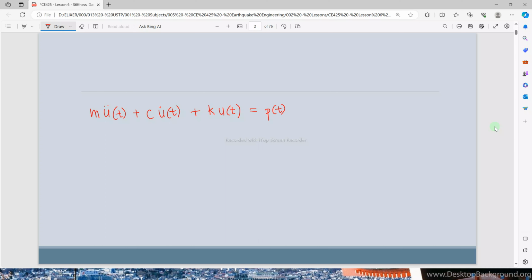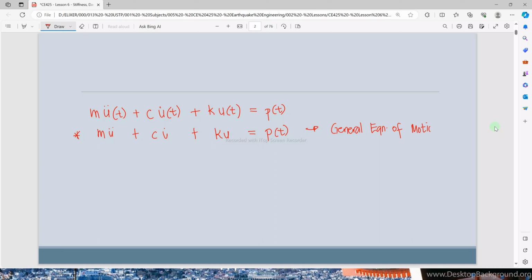Or we can simply write this as m u double dot plus c u dot plus k u is equal to P of t. So this is our general equation of motion.